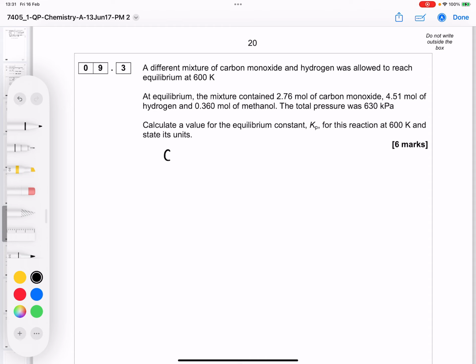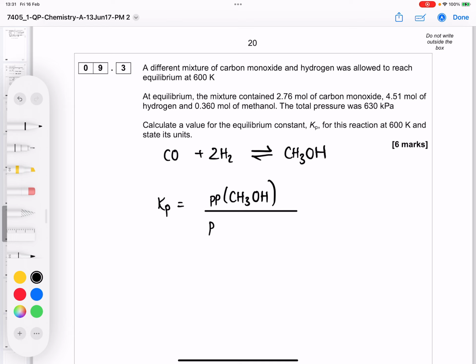Remembering the equation was carbon monoxide and hydrogen in equilibrium with methanol, which we can get from previously. And we're being asked to calculate a value for the equilibrium constant Kp. Now, Kp is the partial pressure of the products, remember that these mustn't have square brackets, we use round brackets, over the partial pressure of the reactants.